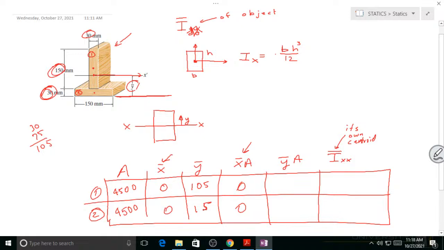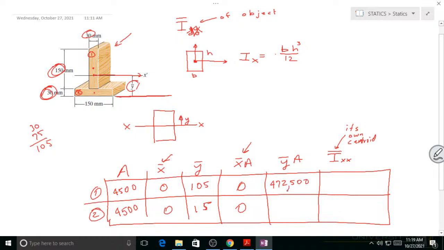Oh, shoot. Well, let me use my cell phone. I don't think I'm going to be too complicated here. So 4,500 times 105. Oh gosh. Okay, let me see. 4, 7, 2, 500.